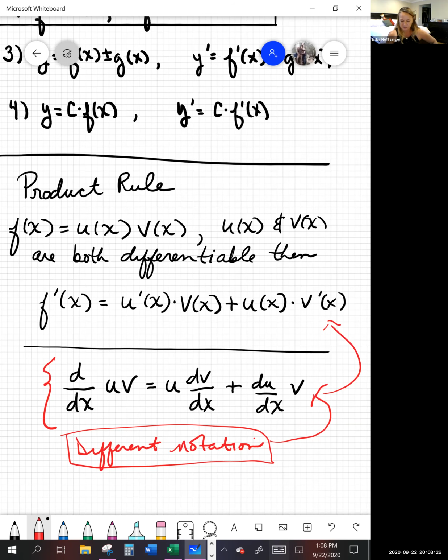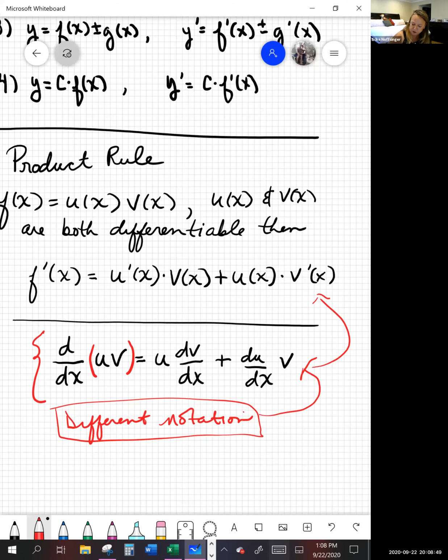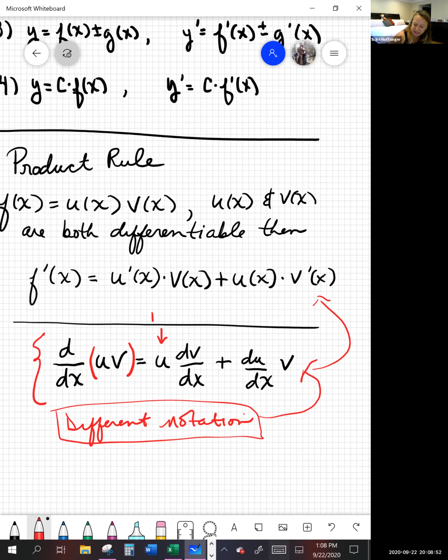Okay, so let me walk through what this is saying. Instead of naming their function something else, f of x, all they were saying is let's take this derivative, d dx. This is saying we're taking the derivative of this piece, u times v. So they haven't taken the derivative yet. And then this is equal to, so u is our first function. We haven't done anything with our first function, whatever that is, and what will be defined when we're given it. dv dx is the derivative of the second function.